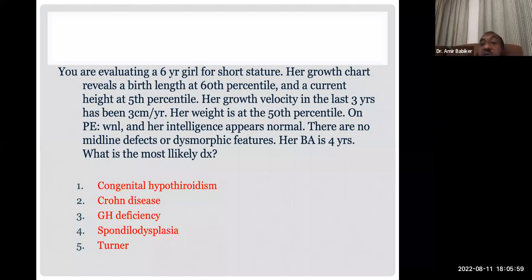The 6-year-old girl with short stature, growth chart reveals the birth length at the 60th percentile, and a current, طبعا ما في 60th percentile لكن المهم هو في النهاية between the 50th and 75th, and the current height at the 5th percentile. يعني ايش ده هسي؟ Birth length 60th وشويس والcurrent height 5th. يعني في البداية كان كويس مش كده؟ بعدين بقى short.